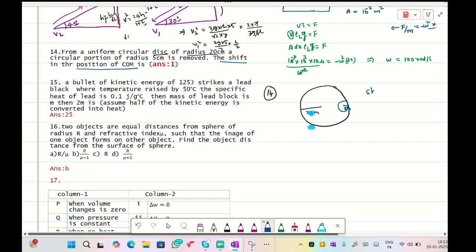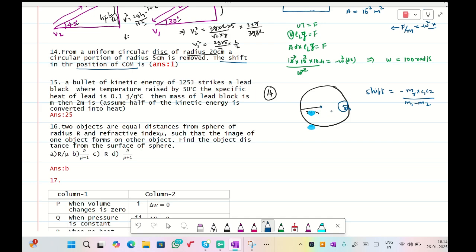To find the shift in the removing case, the shift is equal to minus mass of the removed part into C1 C2, the distance between the two centers, divided by m1 minus m2. Removing, that is the answer. For adding, m1 plus m2 will come. Here C1 C2 is the distance from the center of the first disc to the center of the removed part.